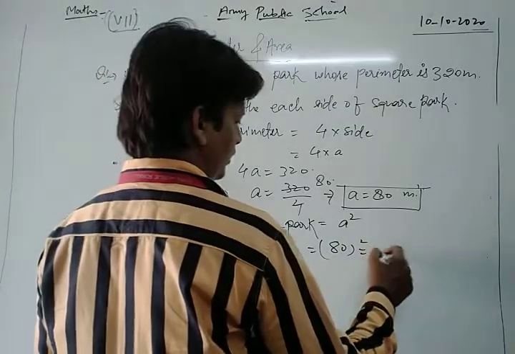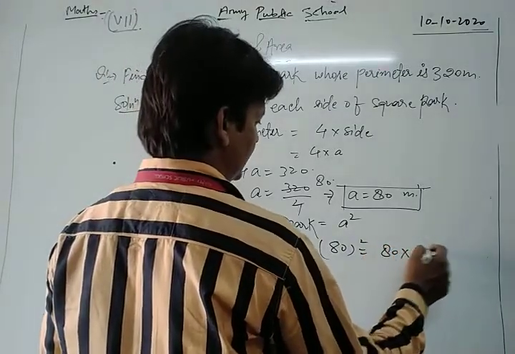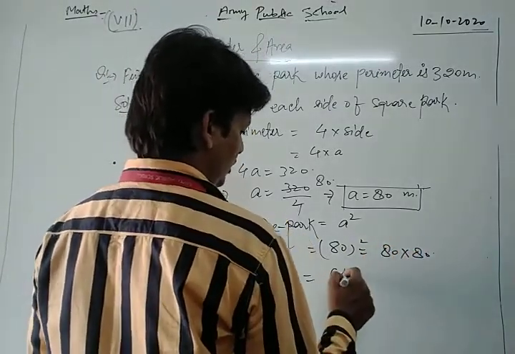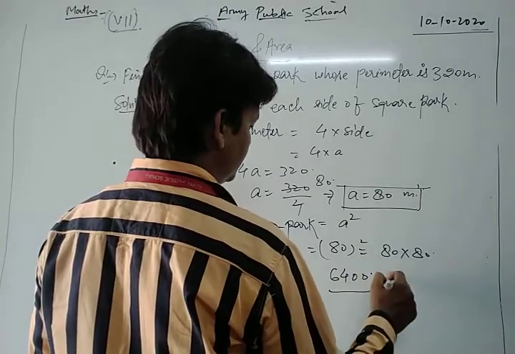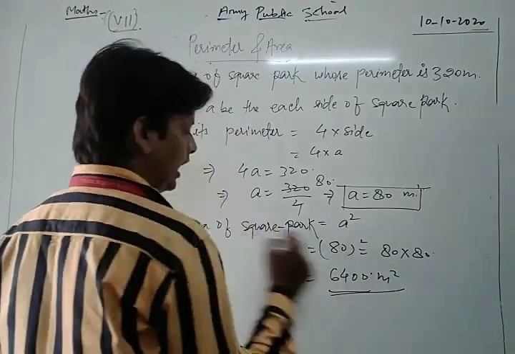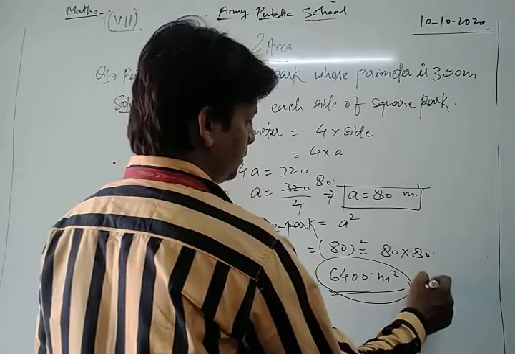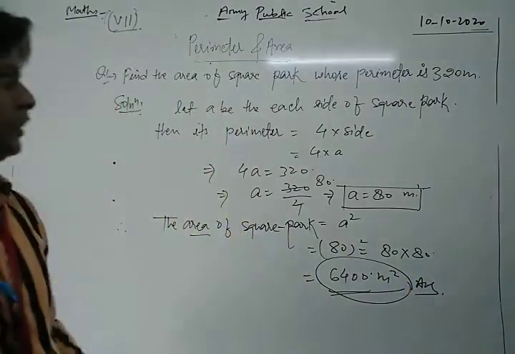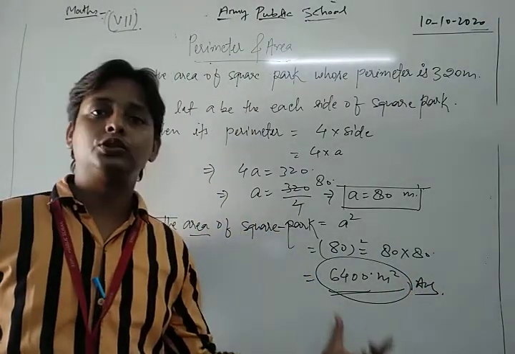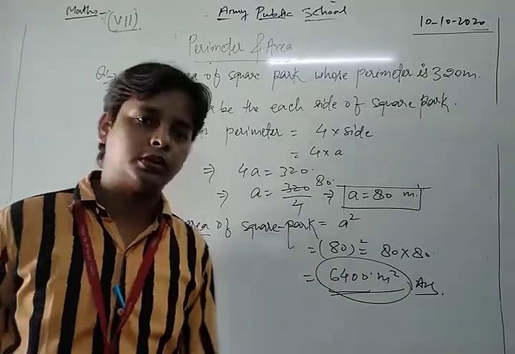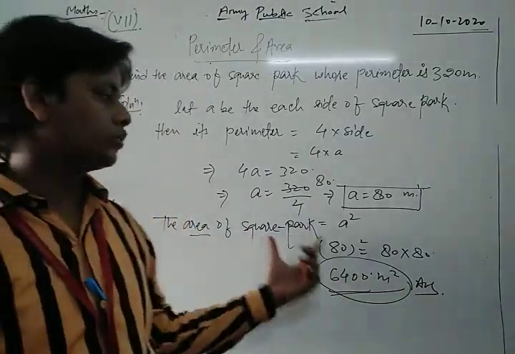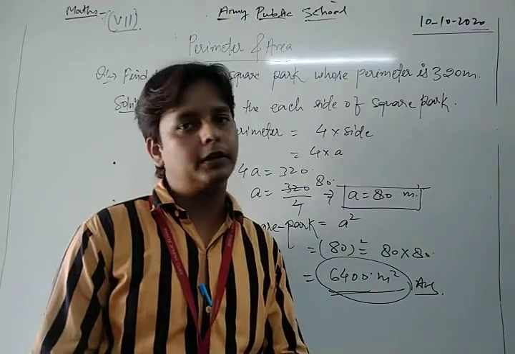So we write 80 into 80. 8 eights are 64 and double zero. And this is meter square because area is always in square unit. This is a very important concept. Yes, students, if you find the area, then you always write area in square unit. So in this way, the area of the square park is 6400 meter square.